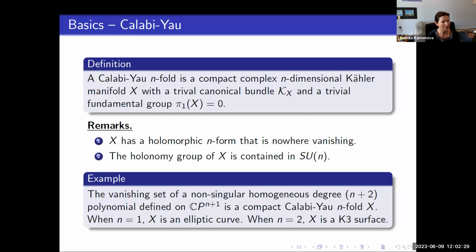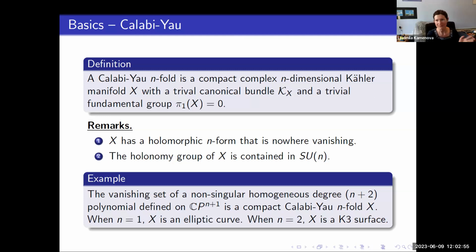So, for example, if you have a cubic in CP2, that's an elliptic curve. If you have a quartic in CP3, that's a K3 surface. And if you have a quintic in CP4, that's a quintic Calabi-Yau threefold. So these are some standard examples.